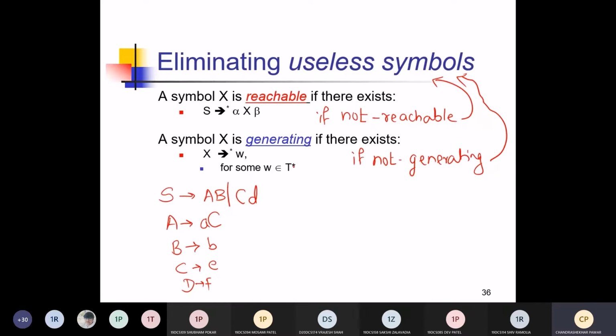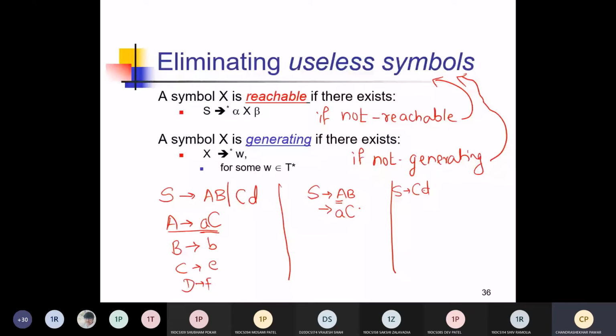Whenever we are going to generate a string, how do we generate it? With the help of the starting symbol. The starting symbol has two productions over here, so we will write them one by one. First for AB and then for CD we are going to generate the string. So S produces AB. We are using the leftmost derivation, so this A is replaced with the production of A, that is aC, terminal a and non-terminal C. Then B here.